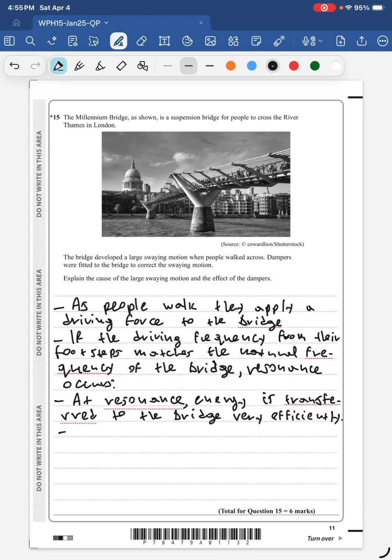The amplitude of the bridge's motion becomes maximum, I mean, it increases, right?